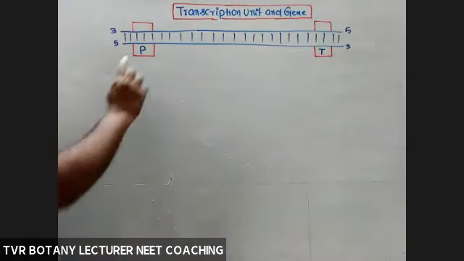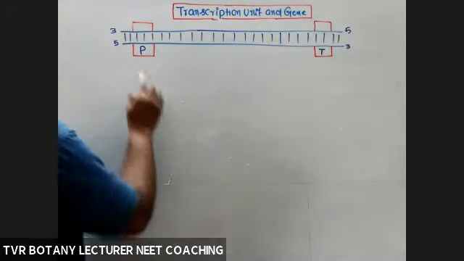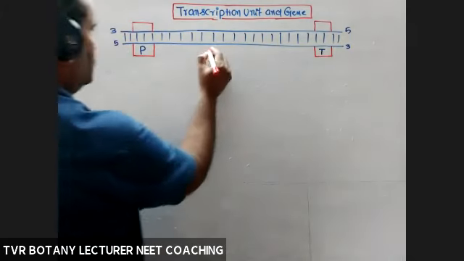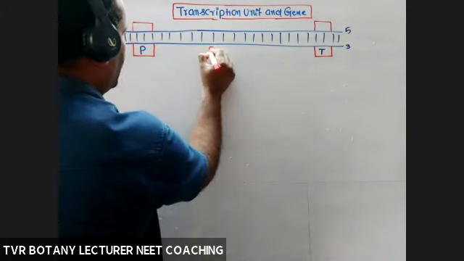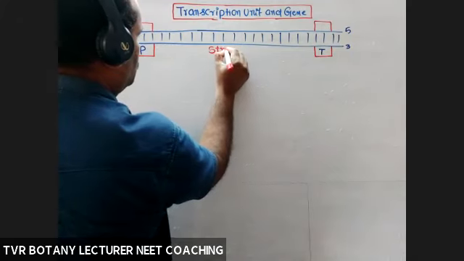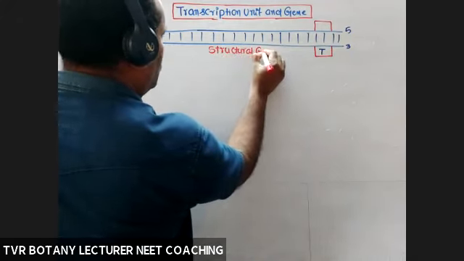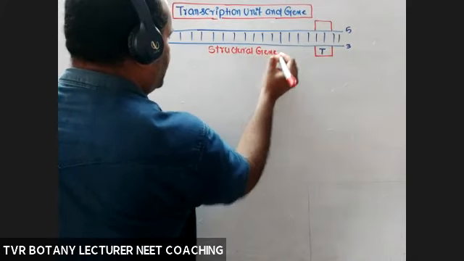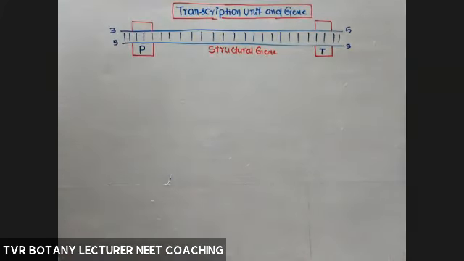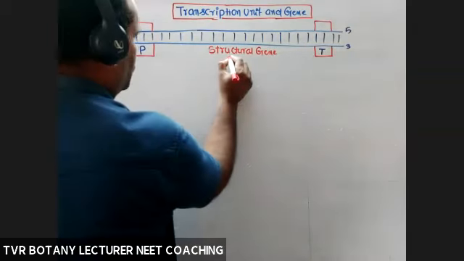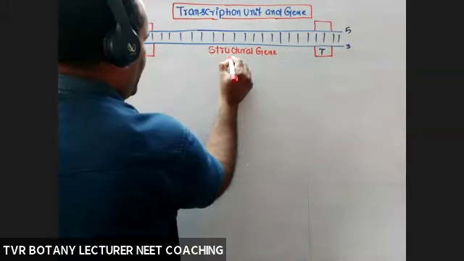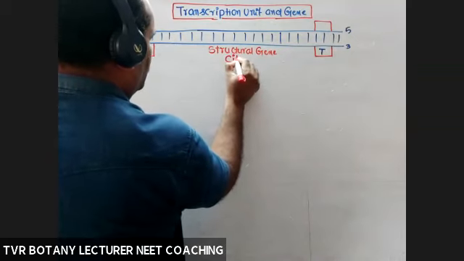Now the pending one is, what is a structural gene in between these two? This part is the structural gene. Okay. So here you can take this one as a cistron.